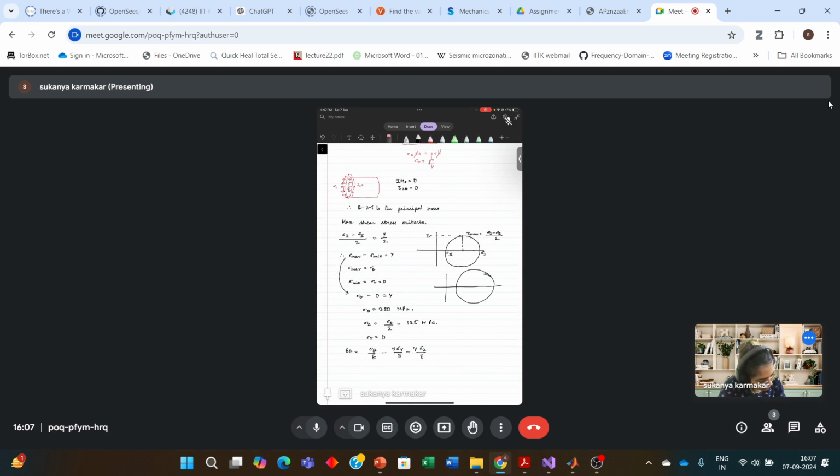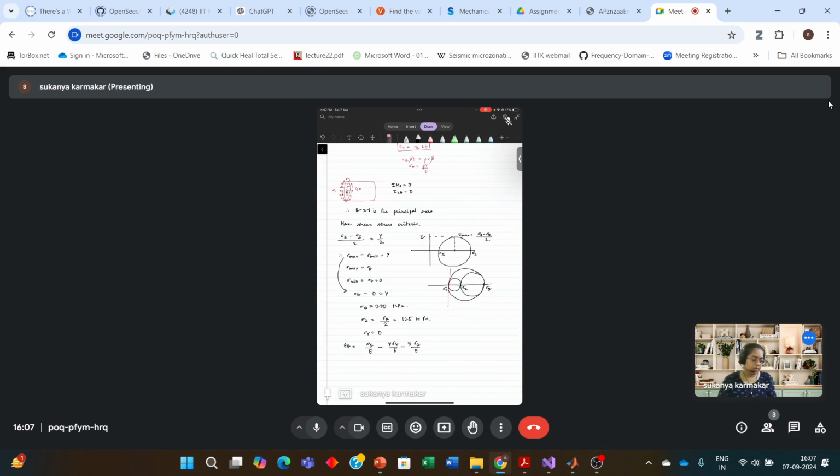So here basically what is happening, this is sigma theta, then you have the axis passing through like this. So this is sigma r and this is sigma z, right? This is a 3D state of stress.